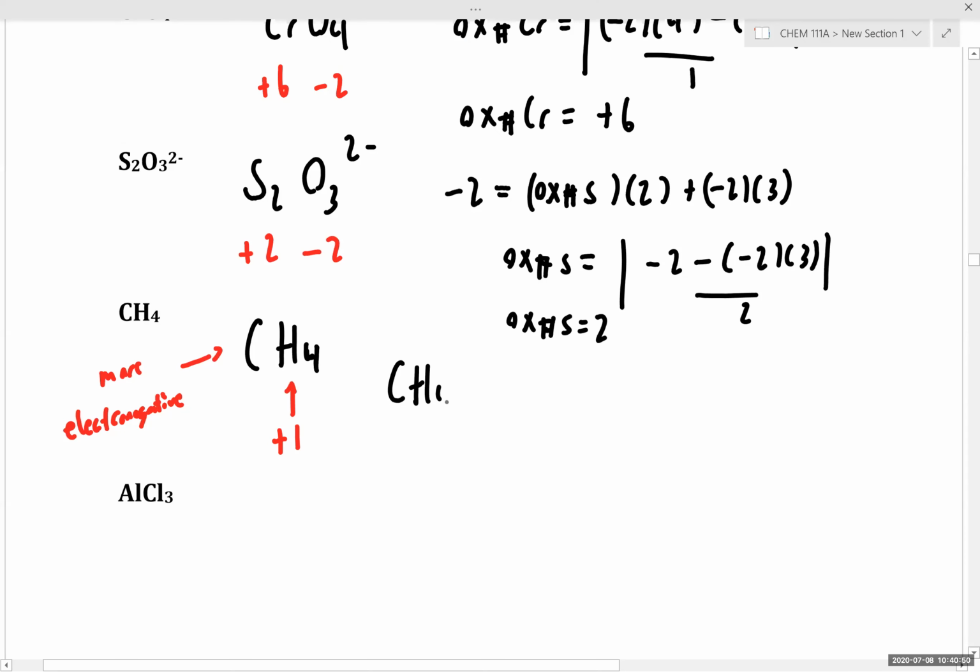So then we can solve for the oxidation numbers by reverse crossing our charges, and that gives us an oxidation number of hydrogen of +1 and carbon of -4.